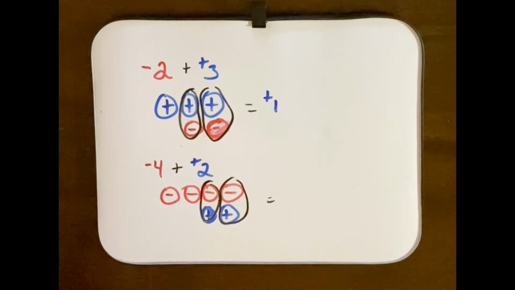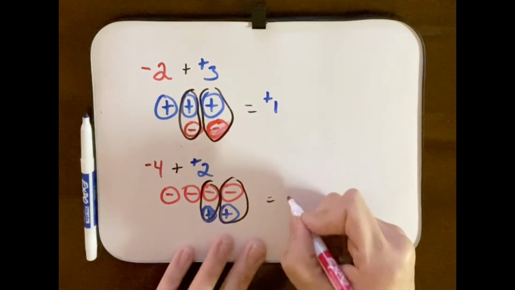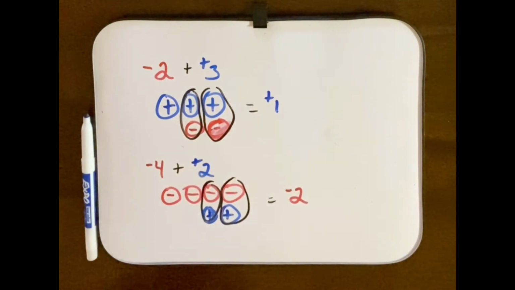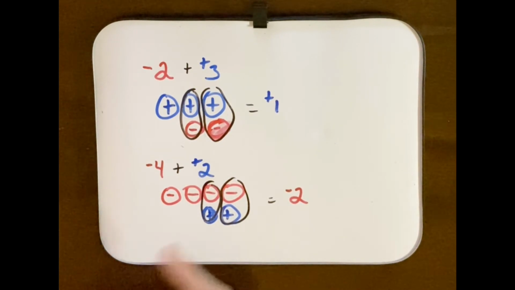Well, we have -2, right? So that is one way that we can represent these additions in integers, through drawing pictures using negatives and positives.